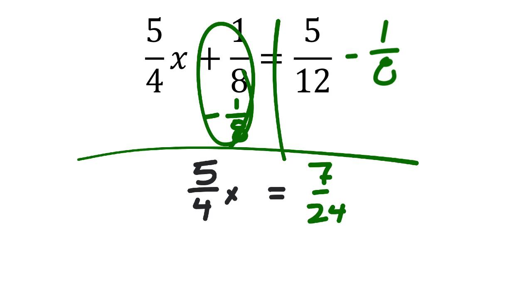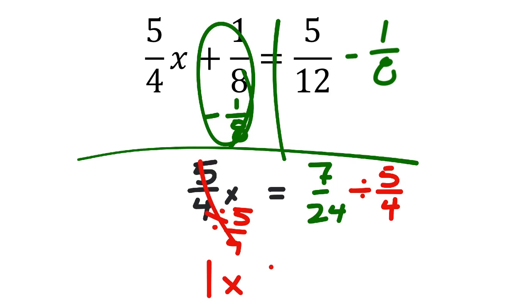And then we'll divide both sides by this 5/4. And again, that's going to make that 1x. And I'll put the 7/24 divided by 5/4 in the calculator. So 1x equals 7/30.